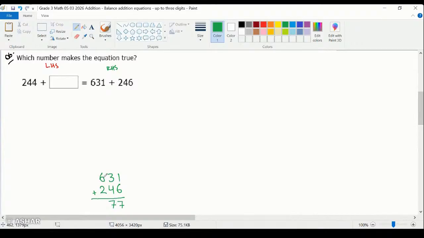And 6 plus 2 was 8. So we can say when we add the numbers together, the answer should come out to be 877. Perfect.